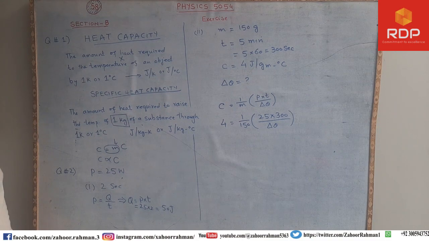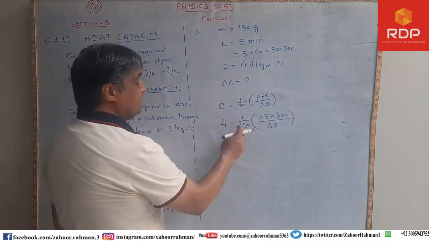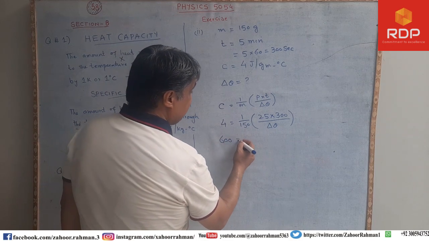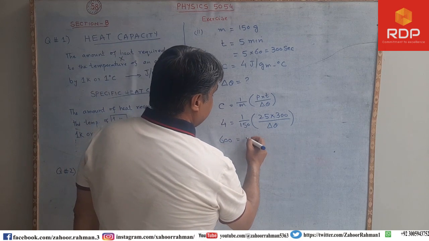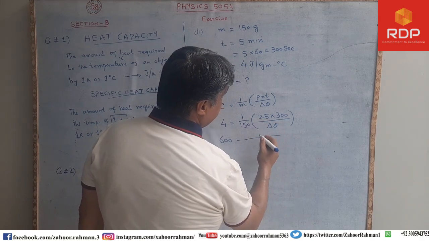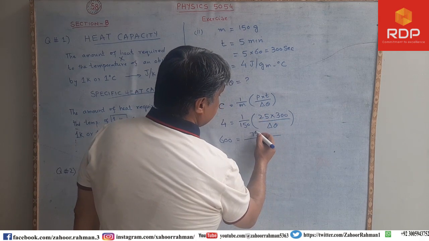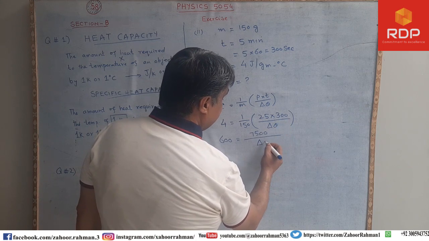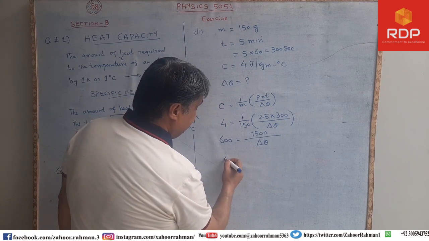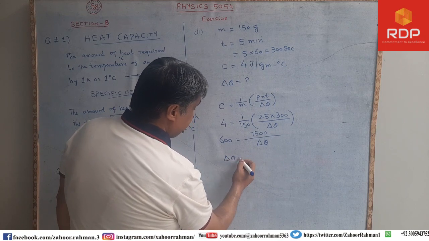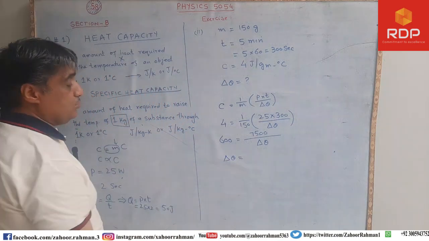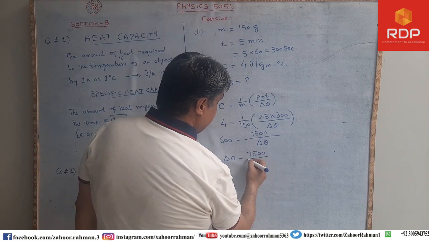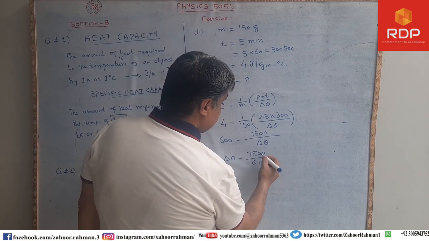Then we are calculating this with this, so that will be 600, and when we multiply 7,500, delta theta is equal to 7,500 divided by 600.